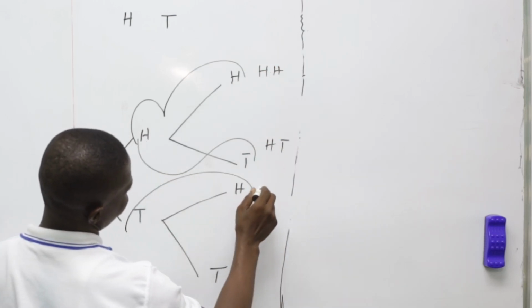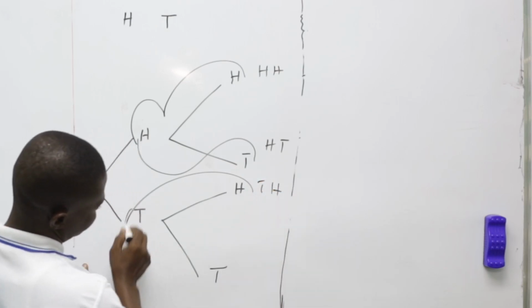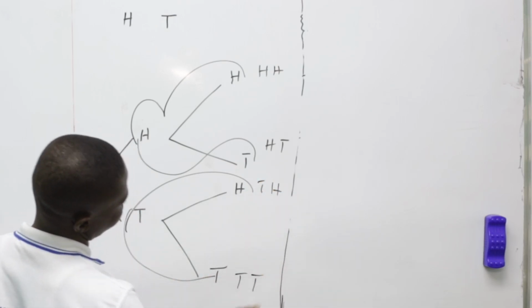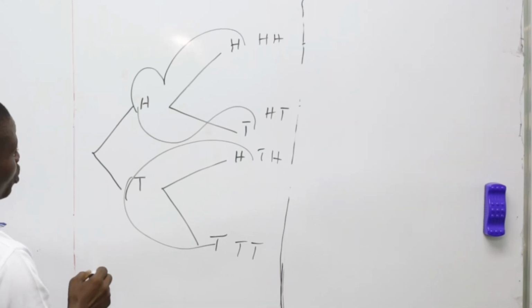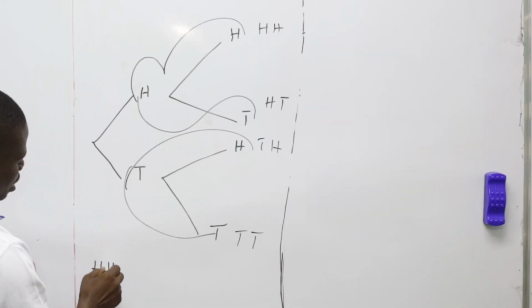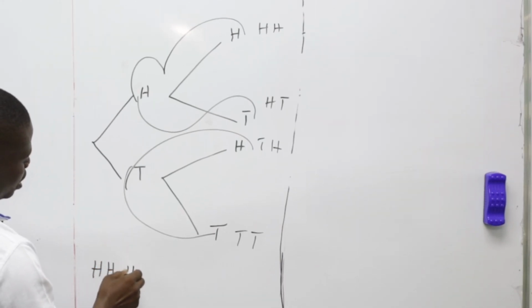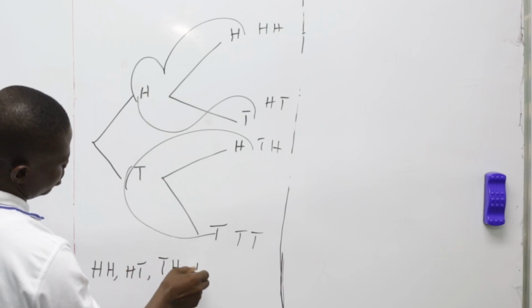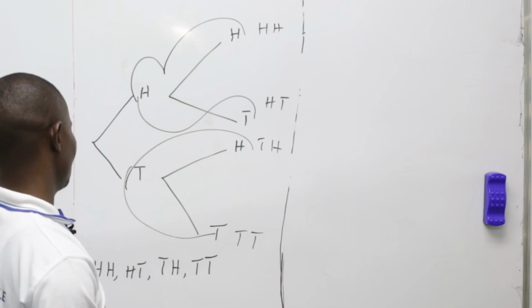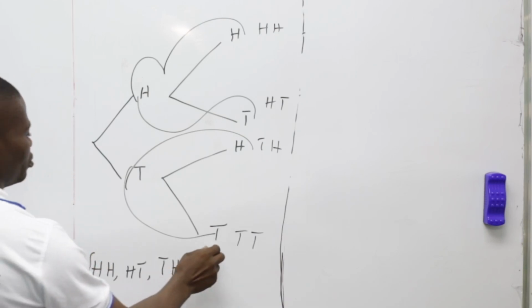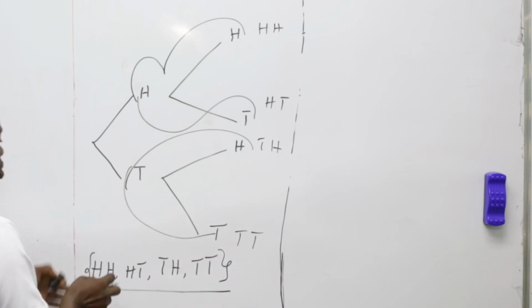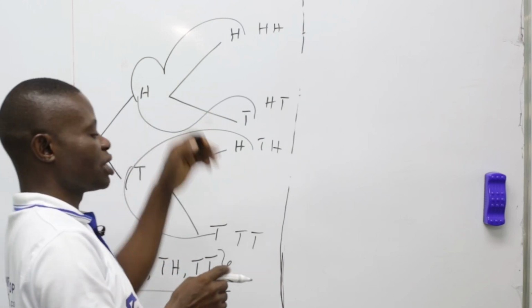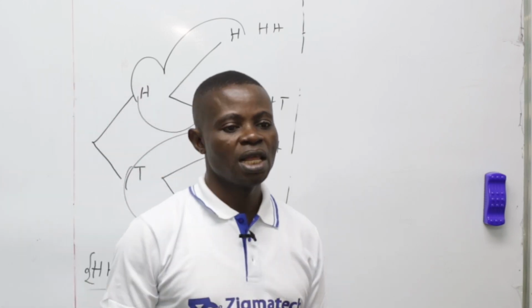This combining this, tail, head, tail, tail. So our sample event, head, head, head, tail, tail, head, tail, tail, is what you are going to work with, assuming the question is given to you to solve.